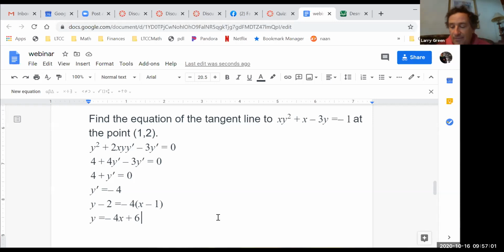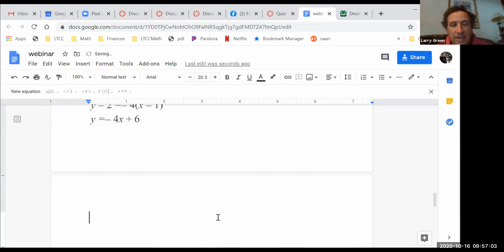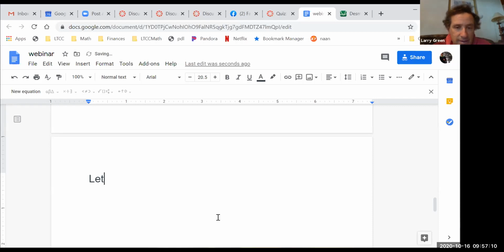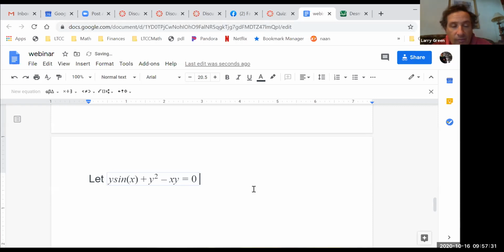What I haven't done yet, and I probably should do one example of, is when you don't have a point. So let's suppose that we have y sine of x plus y squared minus xy equals 0.